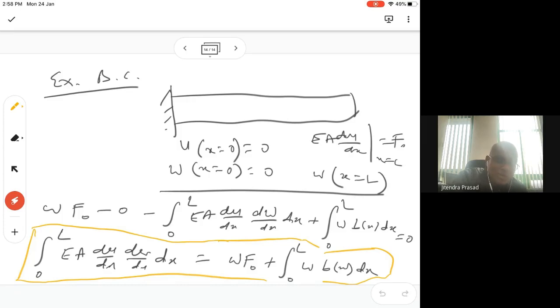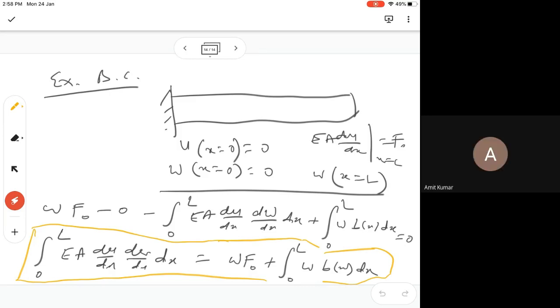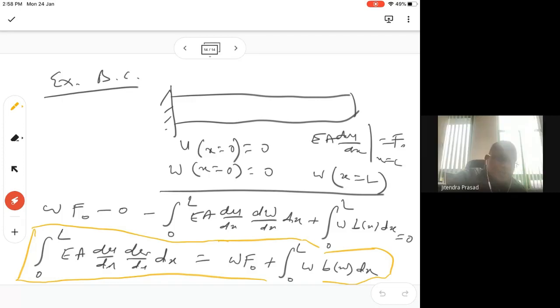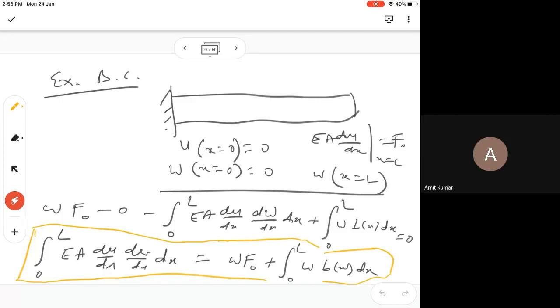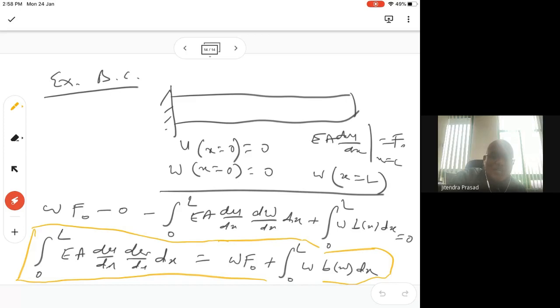Differentiability there is 2, but after you integrate it with the weighted function, it becomes the weak formulation.